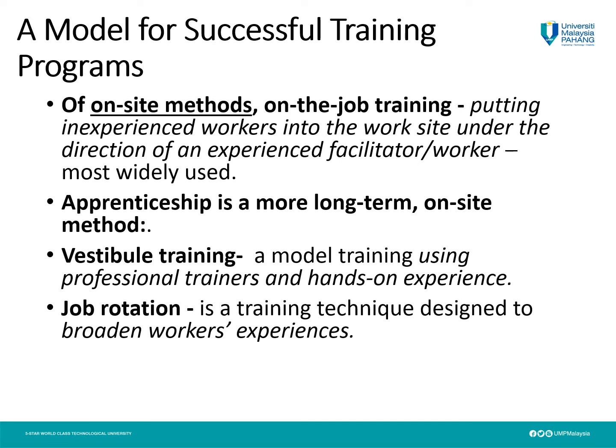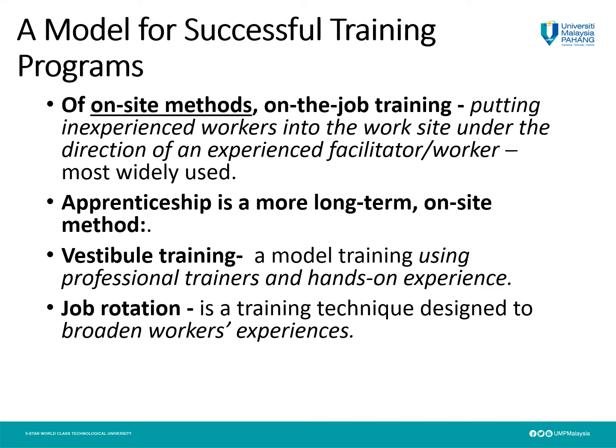So the first method for the training program is on-site methods. On-site training methods may be further divided into several categories, including on-the-job training, apprenticeships, vestibular training, and job rotation. On-the-job training is one of the oldest and most widely used training methods.